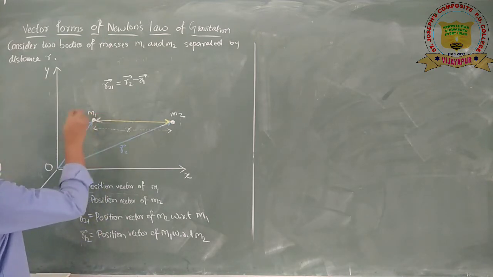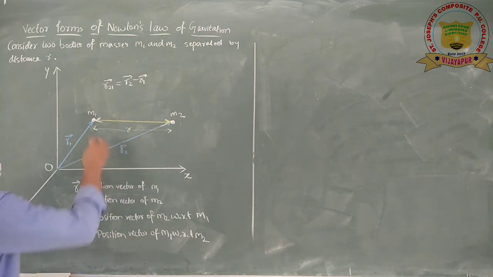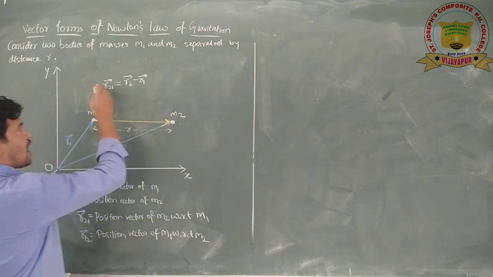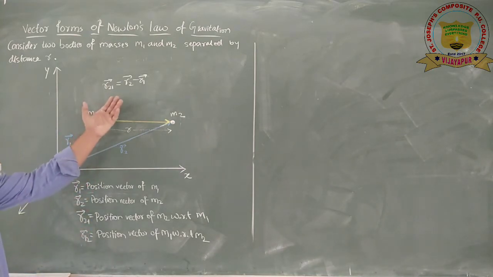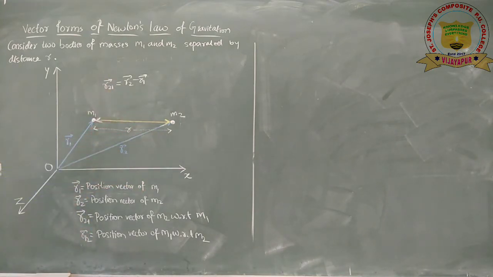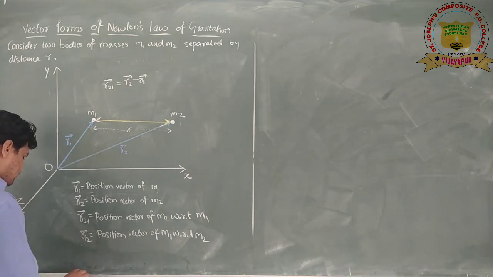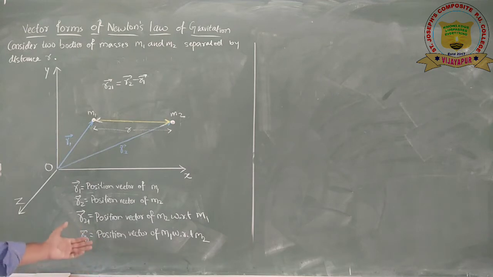This represents r12, and this yellow vector represents r21. Here r12 is nothing but r1 minus r2. So this is about the position vector of m2 with respect to m1 and the position vector of m1 with respect to m2.